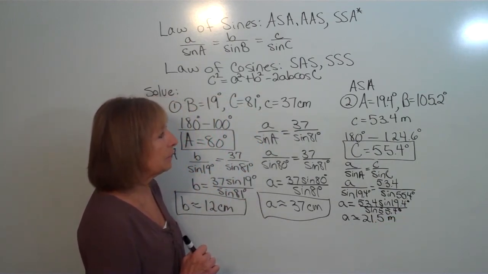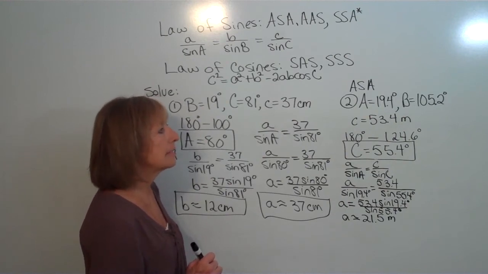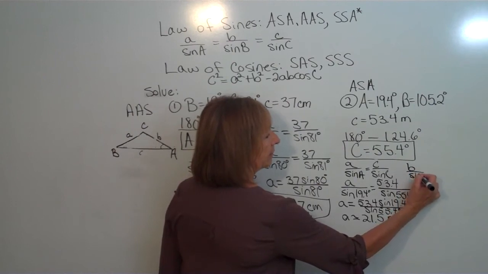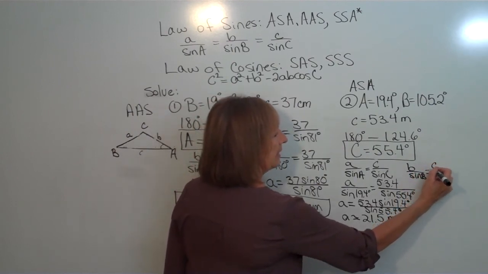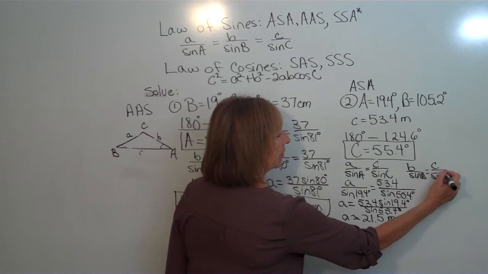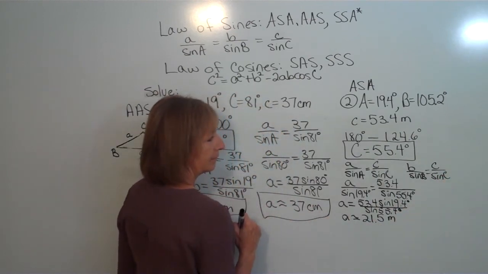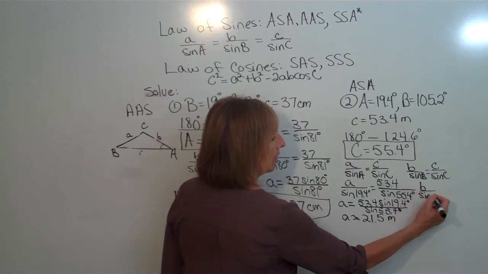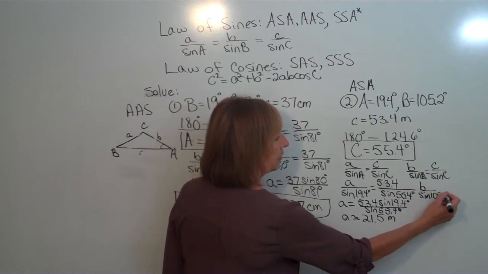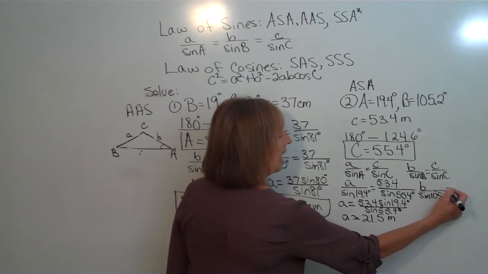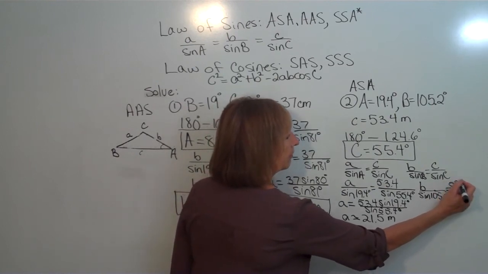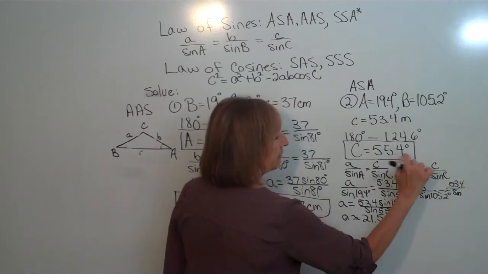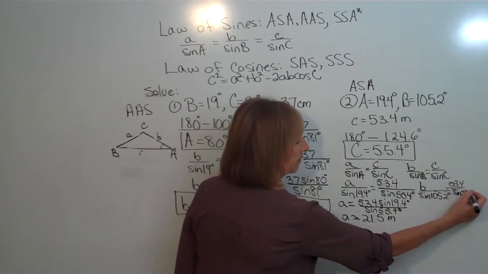And then lastly, we want to find our side B. So B is to the sine of B as C is to the sine of angle C. So I have B is to the sine of 105.2 degrees as 53.4 is to the sine of 55.4 degrees.